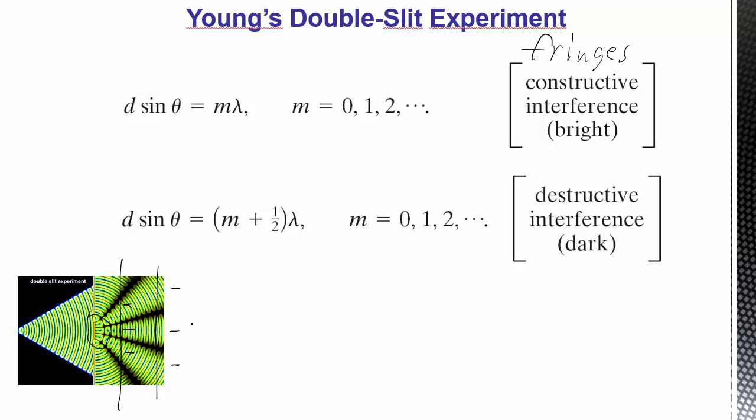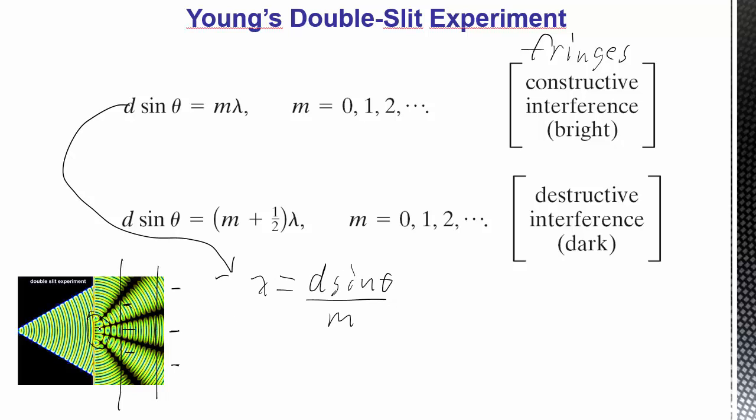And we can get an equation that's going to be useful that defines the separation of these fringes, taking into account the distance from the slits to the screen. Did I say separation of slits? I meant separation of fringes. Anyway, so if we start with our equation here, d sine theta equals m lambda, I'm going to rearrange that. So I'm going to say lambda equals d sine theta over m.